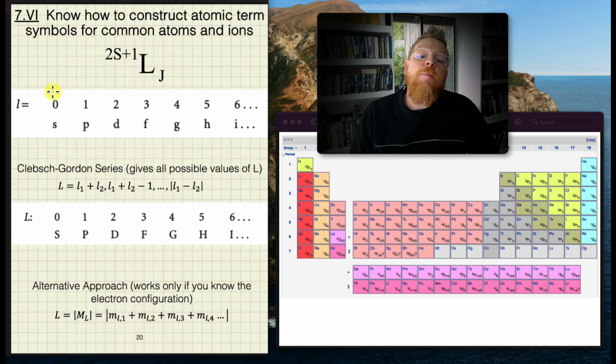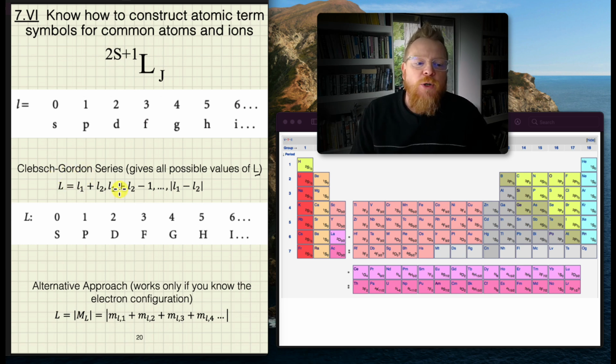All of the possible values of big L are given by what's called the Clebsch-Gordan series. I'm going to present this series, but I don't like it as much as the alternative approach at the bottom of the slide. But we'll go through both.